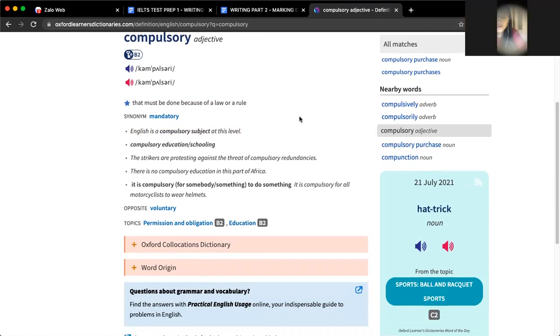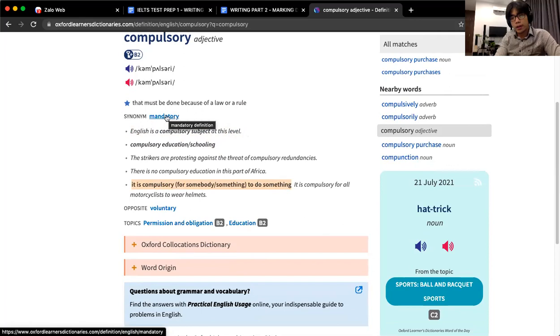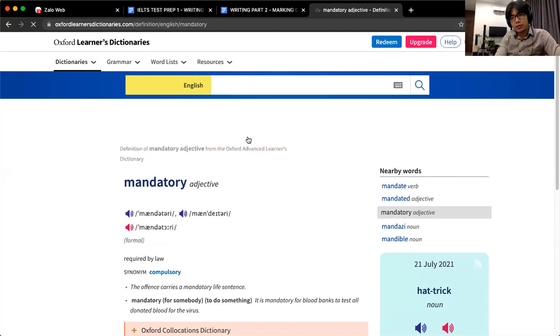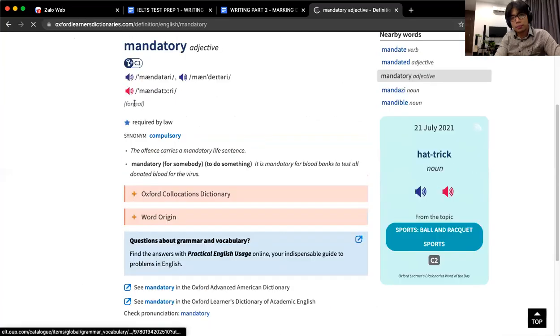But actually, we read the examples to understand the context. I agree. But also we need to pay attention to collocations if there are any. And also we have to look at synonyms if there are any, and we may check them out as well, go through them.